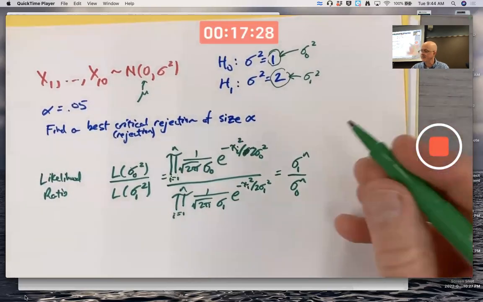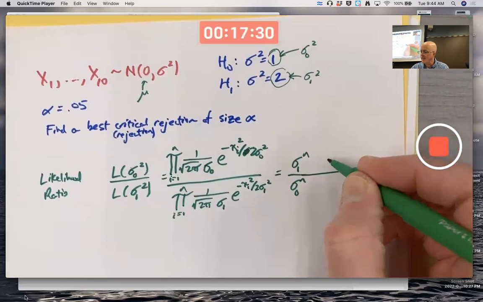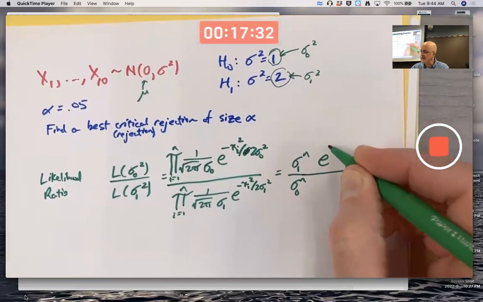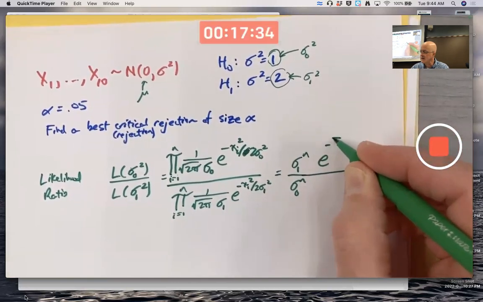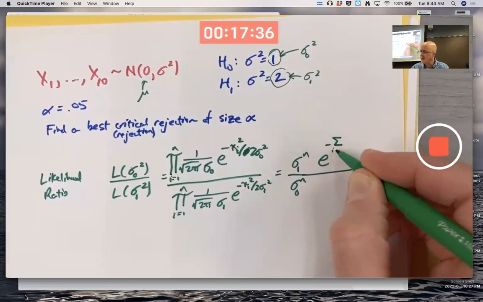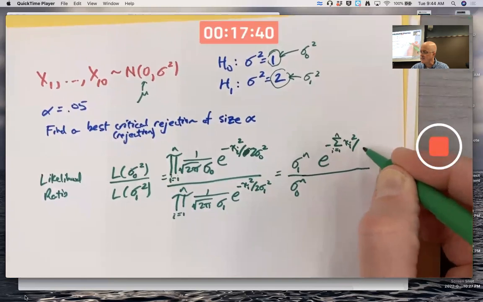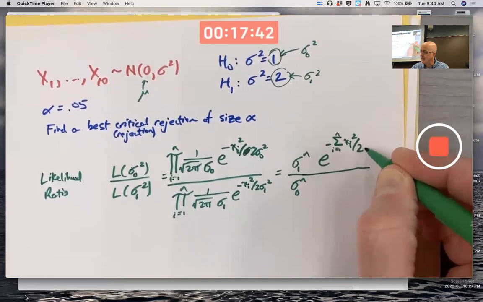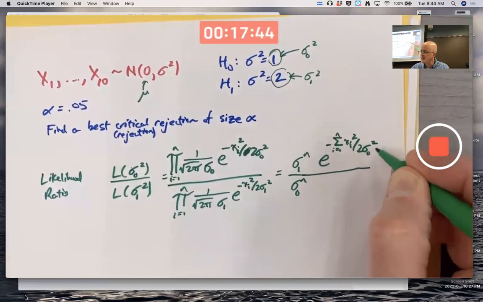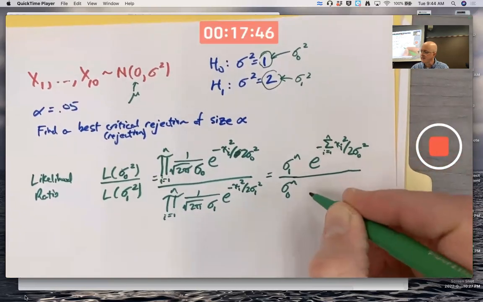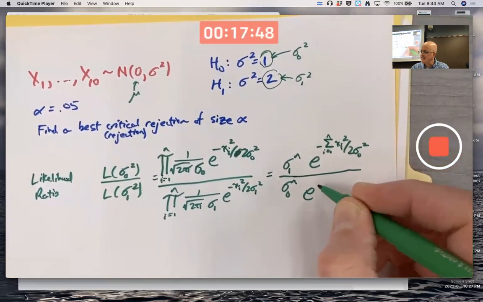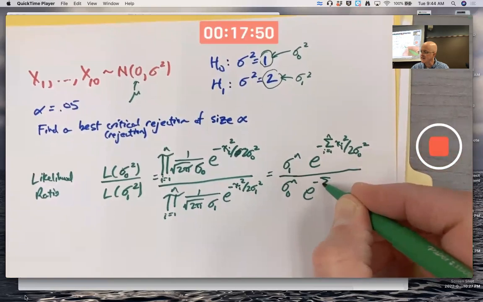I can just write e to the negative summation from 1 to n of xi squared over, it's the same denominator up there, 2 sigma 0 squared, divided by e to the something very similar, except it'll be a sigma sub 1 squared.